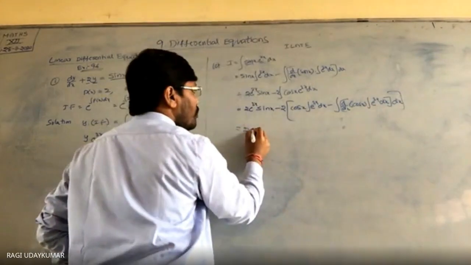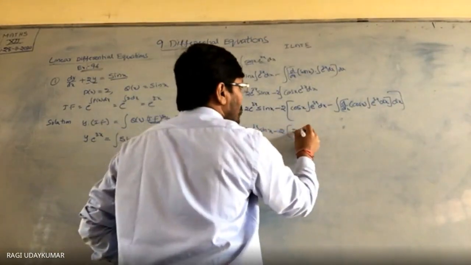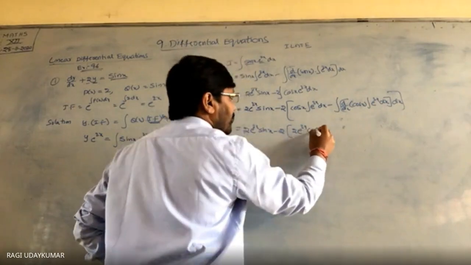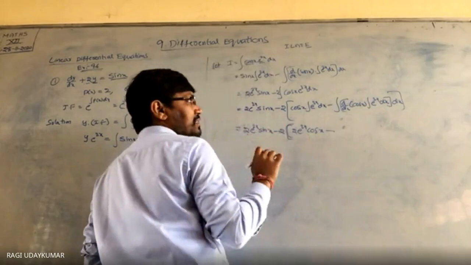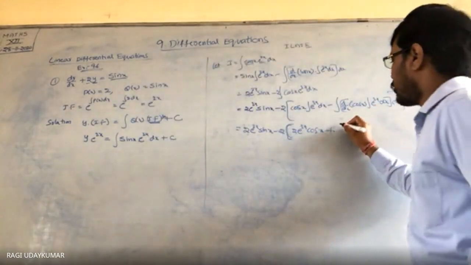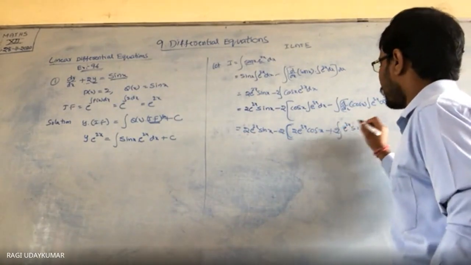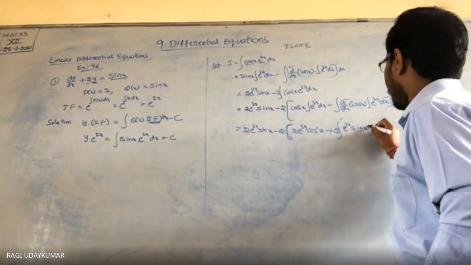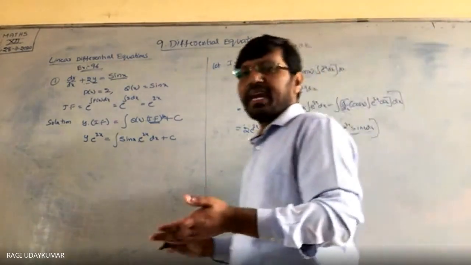So which is equals to 2 into e power 2x sin x minus 2 into 2 e power 2x cos x minus, brackets I am keeping it as it is, minus आएगा. So d by dx of cos x is sin x हो जाएगा. So integration of e power 2x, 2 e power 2x sin x dx. So this is again I. This model already we have learned it.